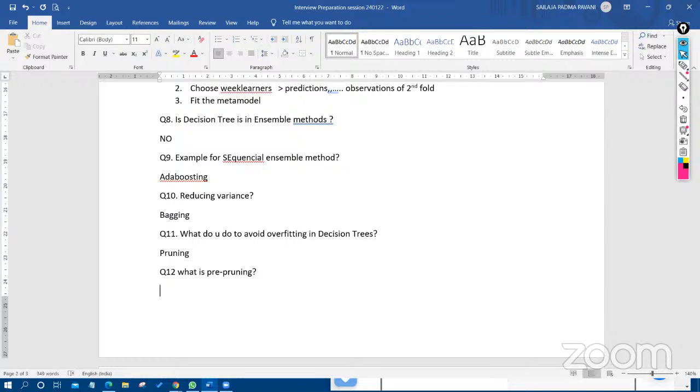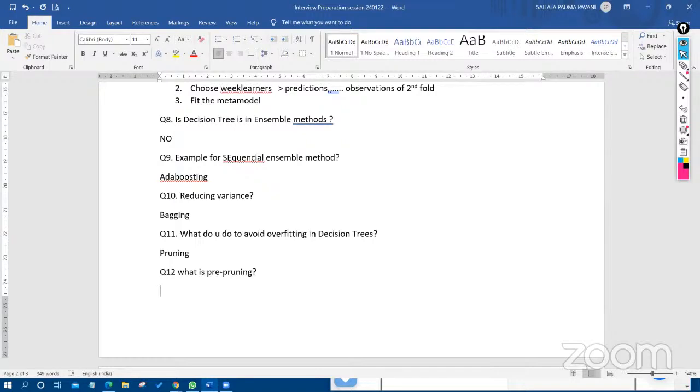Yes, Nishanti, it is pre-pruning and post-pruning. Two approaches are there. Pre-pruning means, Ashish? We cut the tree, stopping it from growing completely. Post-pruning, we let the tree grow till the end and then cut.